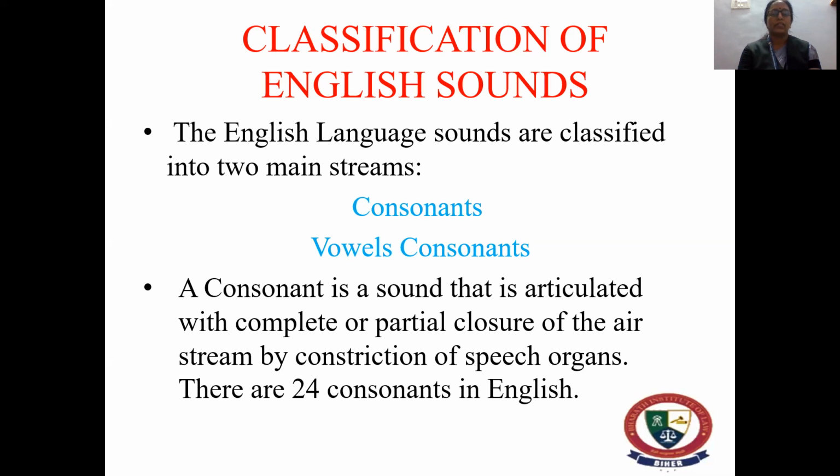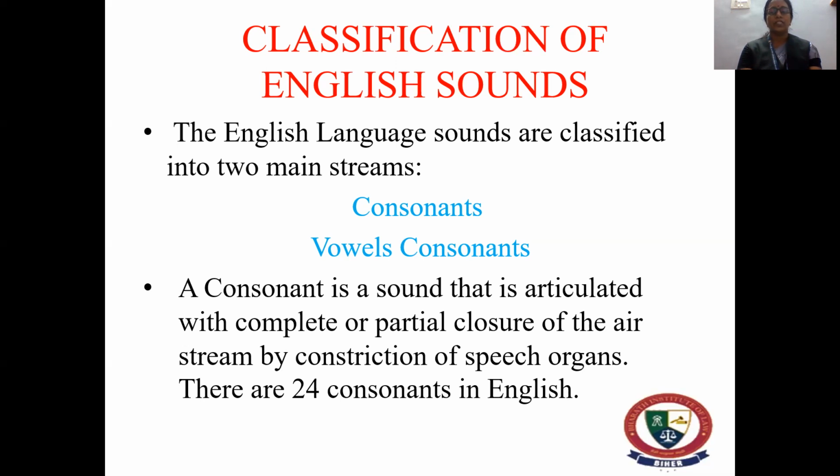But we are going to study in detail not the letters, not the alphabets. Instead, as we have said, phonetics deals with speech sounds. So we are going to study the various sounds which could be categorized as consonants and vowels.